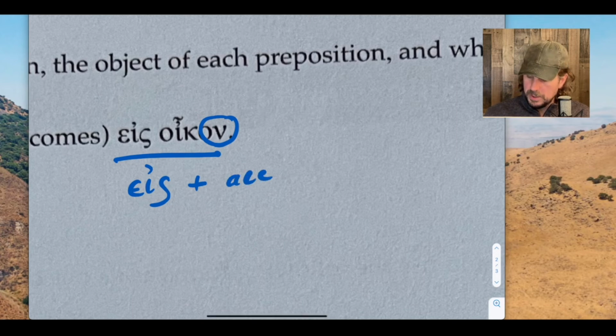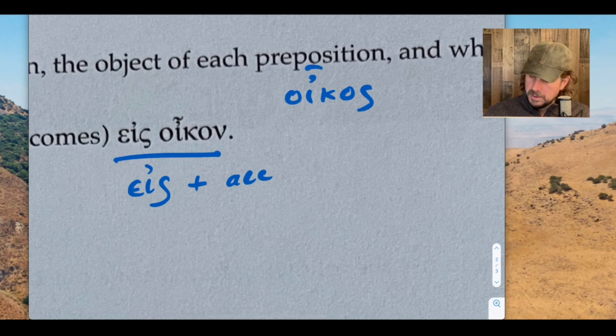The omicron nu ending is masculine, yeah, masculine. And it is accusative.